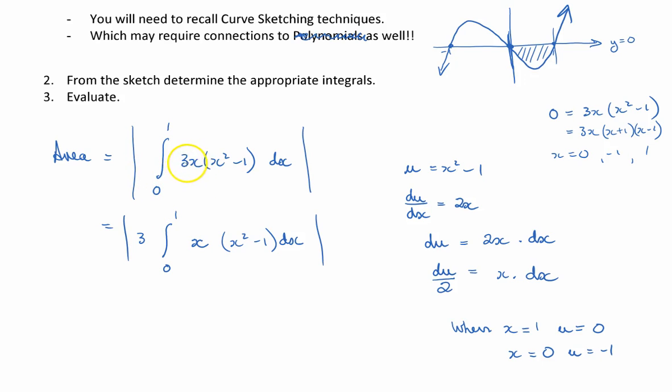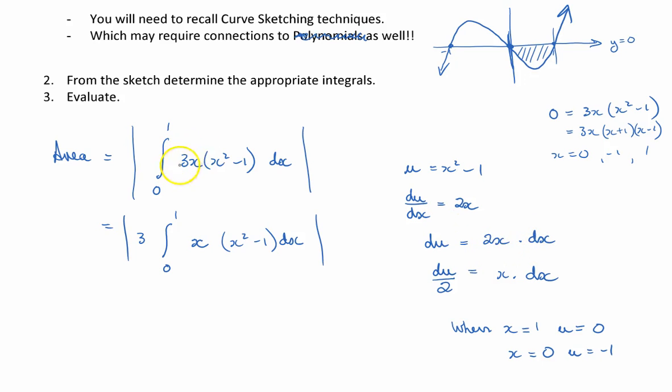I've chosen to take the 3 out and take the integral from 0 to 1 of just x times x squared minus 1 dx. You might be wondering where that came from. Over here I used their instruction that u had to be x squared minus 1. So du dx is 2x. Now that gives me that du is 2x dx.